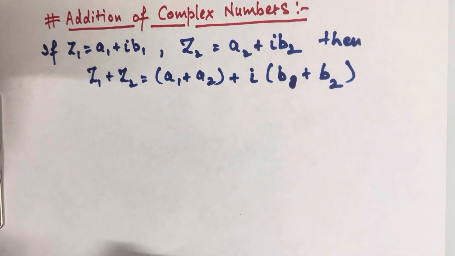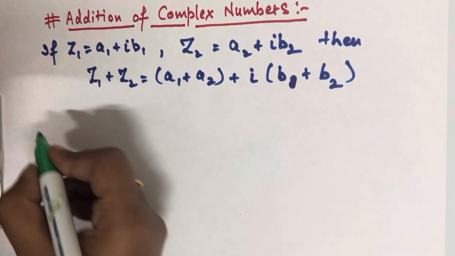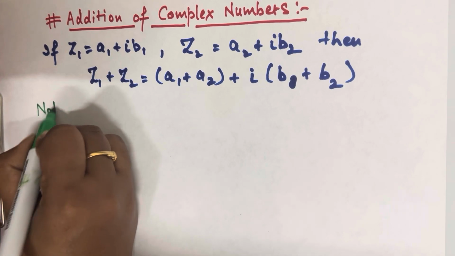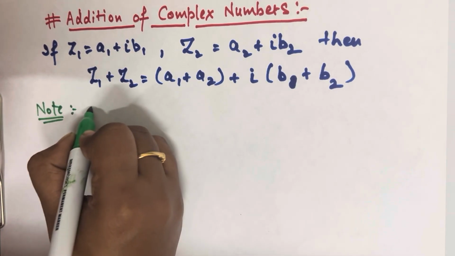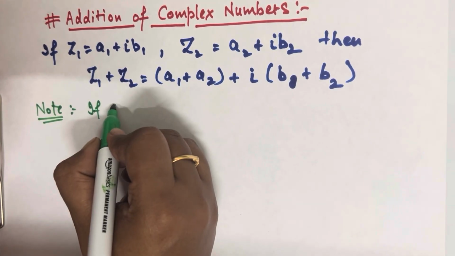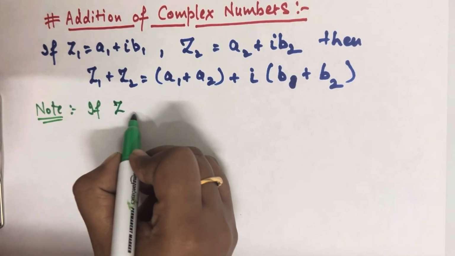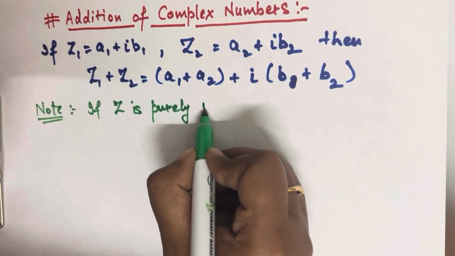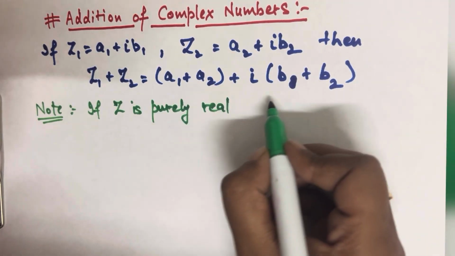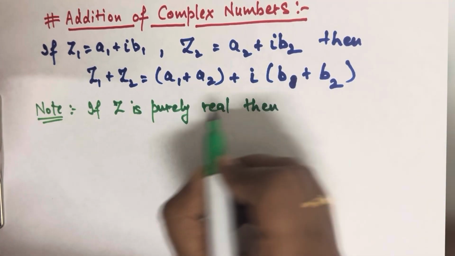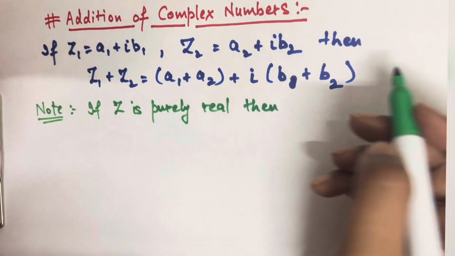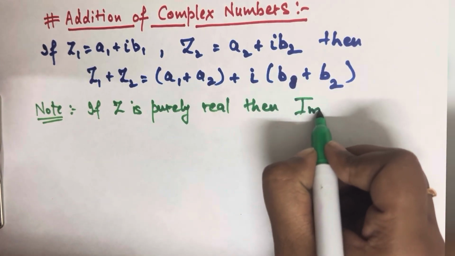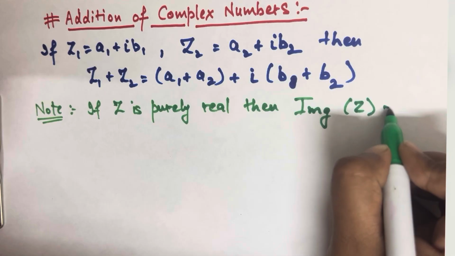So some little note points are there. If in a question it is given that z is purely real, then that simply means that the imaginary part of z is 0, right?